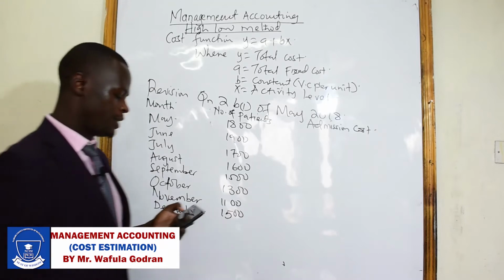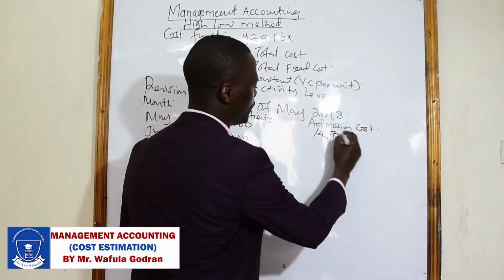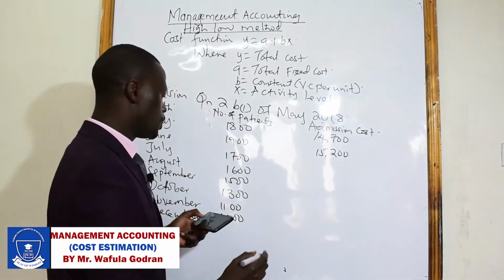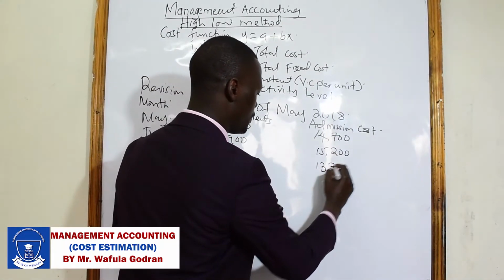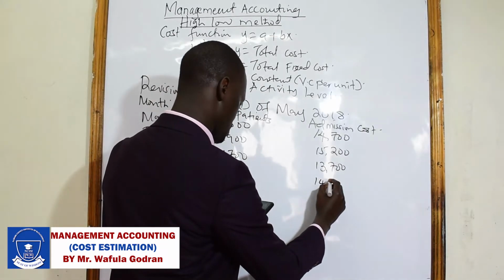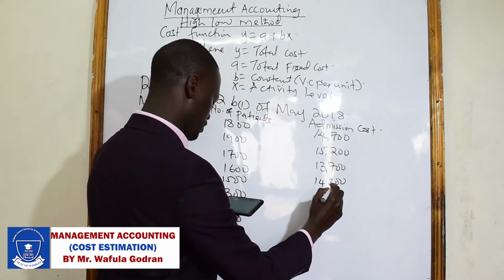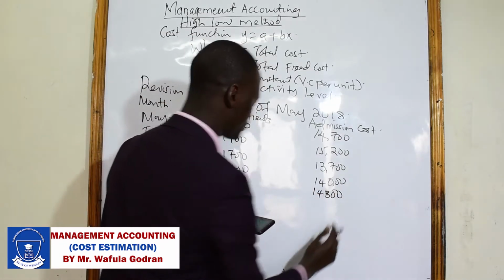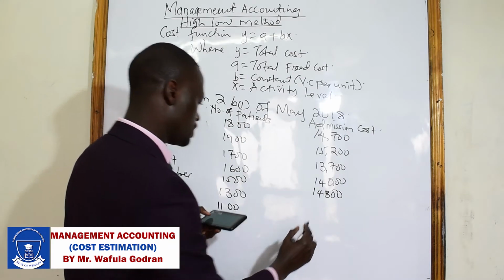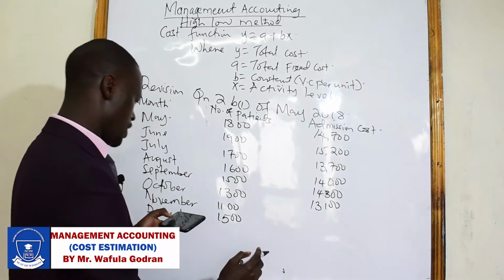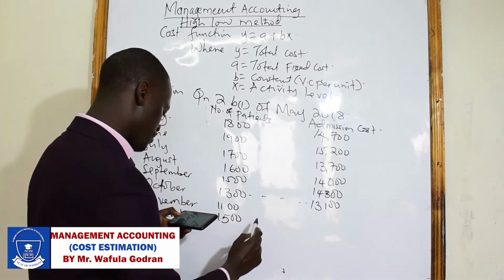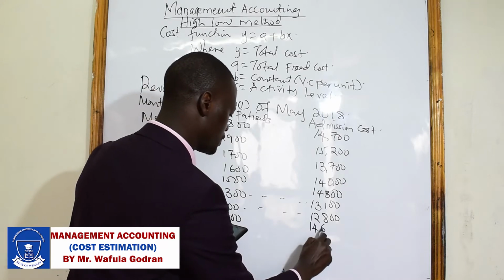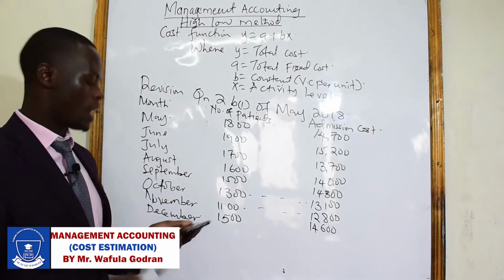The admission cost is given as 14,700 for May, 15,200 for June, 13,700 for July, 14,300 for August, 14,000 for September, 14,300 for October, 13,100 for November, and 12,800 for December, and 14,600. So that is the cost as given in this question.